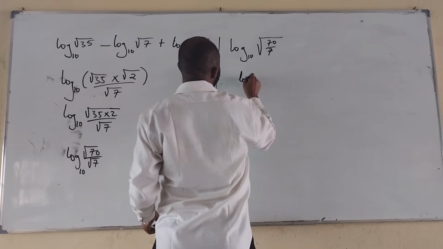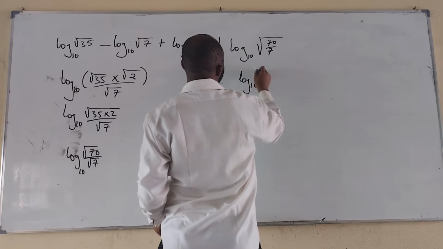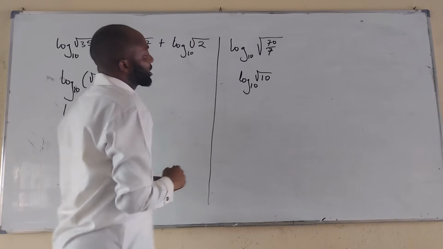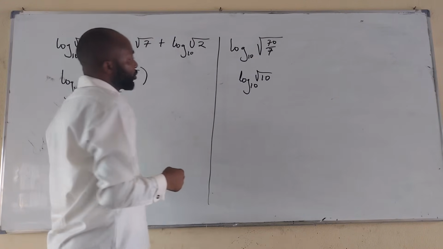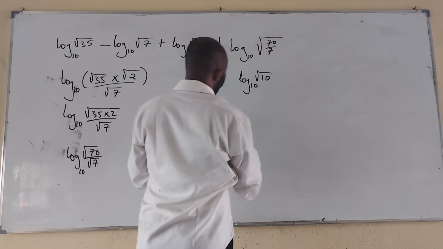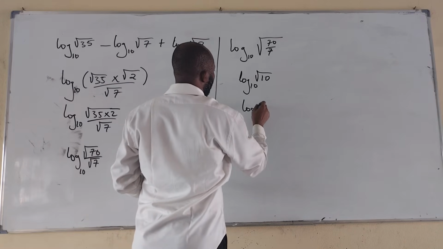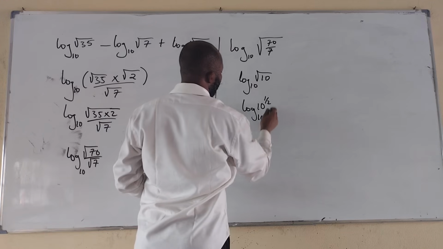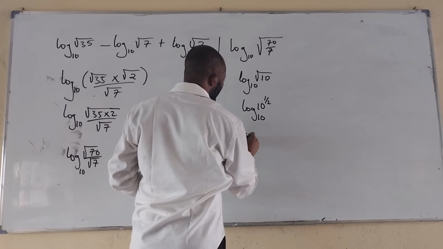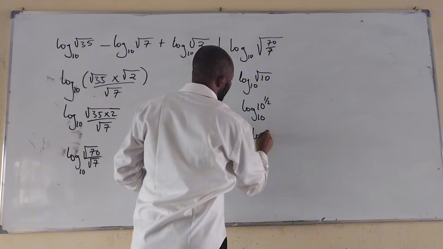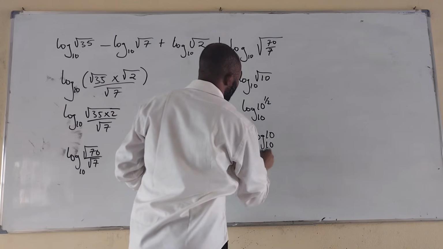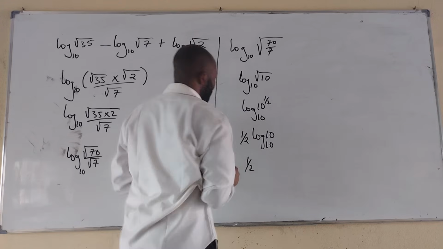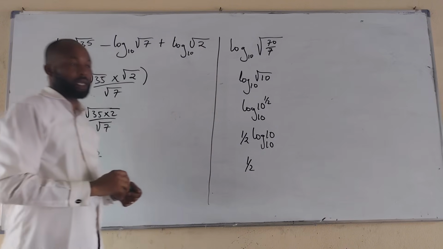Then log in base 10 root 10, since 7 times 10 is 70. So I can take this root out as a power: log 10 raised to the power 1 over 2, over base 10. This becomes 1 over 2 log 10 base 10. Log 10 base 10 is 1. So 1 times half is 1 over 2. Yes, that's how it is.